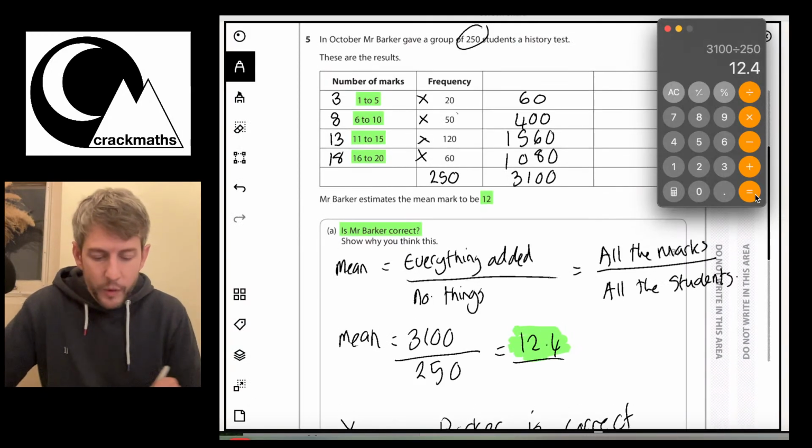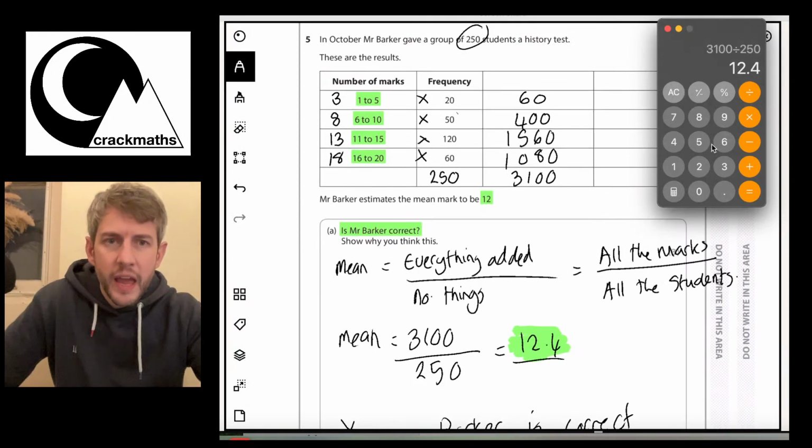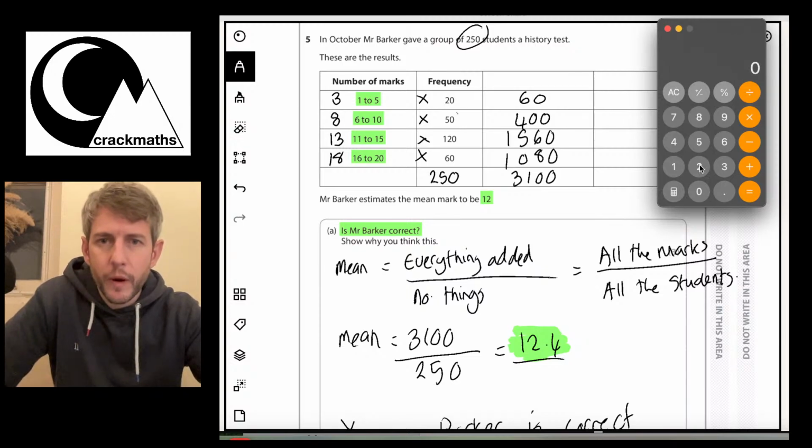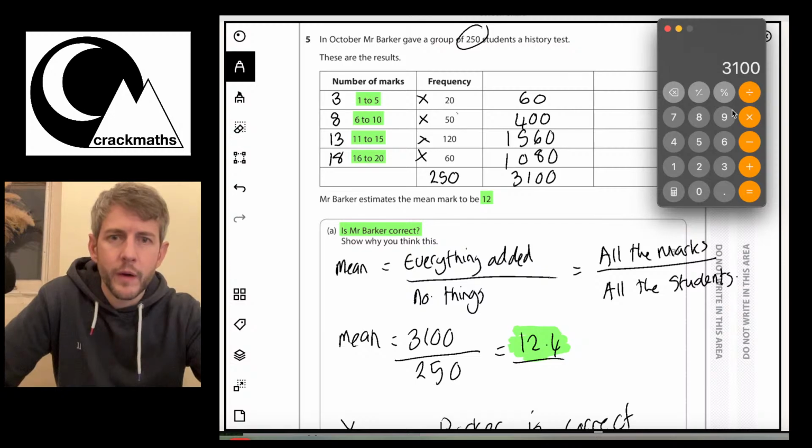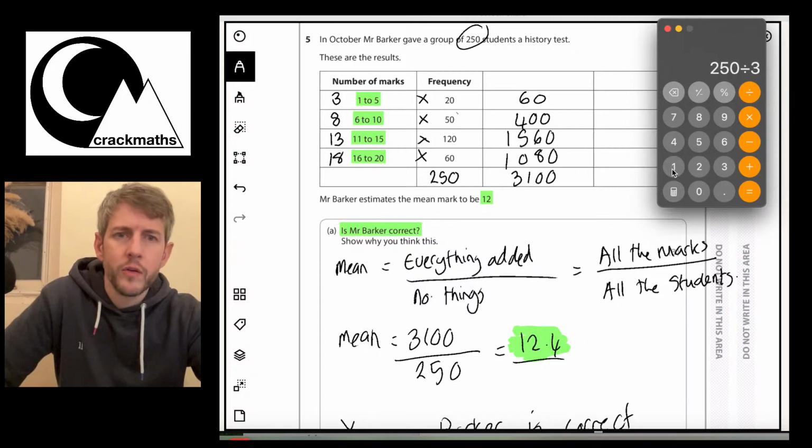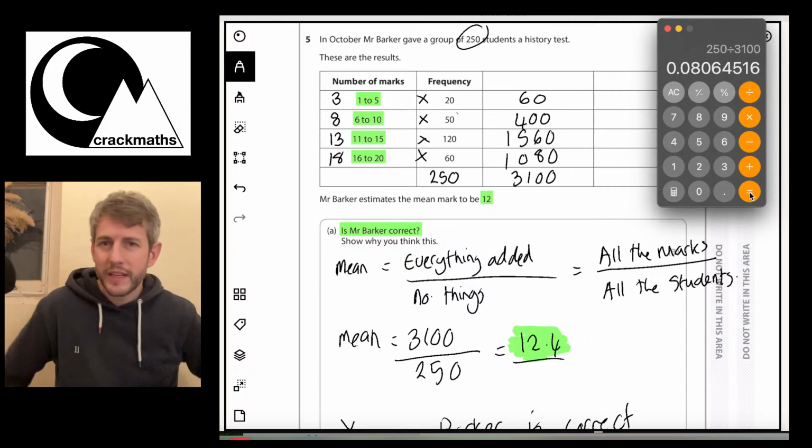But back to how we could see what would happen if we'd done this. If we'd accidentally done this division the wrong way round, 3,100... oh no, I'm doing it the right way around again. If I'd done 250 divided by 3,100, we'd get this.